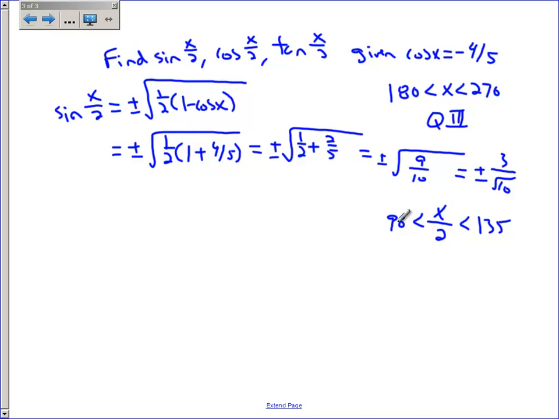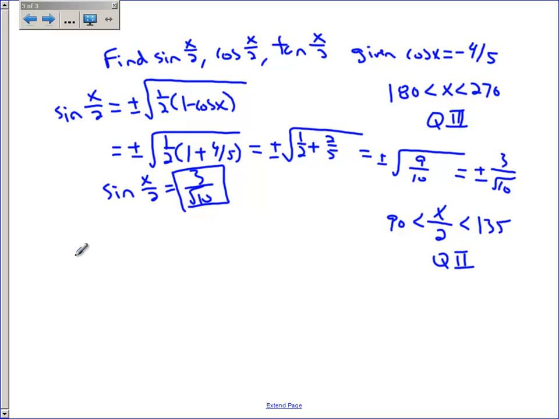And x over 2 is in between 90 and 135, tells you that it's in quadrant 2. So if you just found the sine of that angle and it's in quadrant 2, are you going to pick the positive version or the negative version? Well, sine is positive in quadrant 2, so you better pick the positive version. So the sine of x over 2 is 3 over the square root of 10 positive.